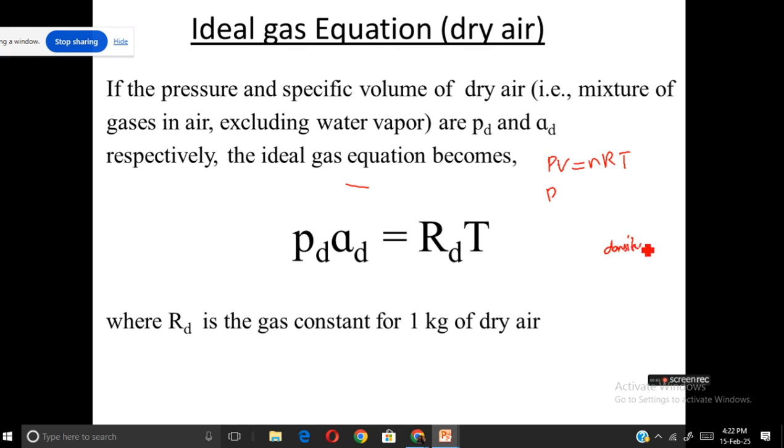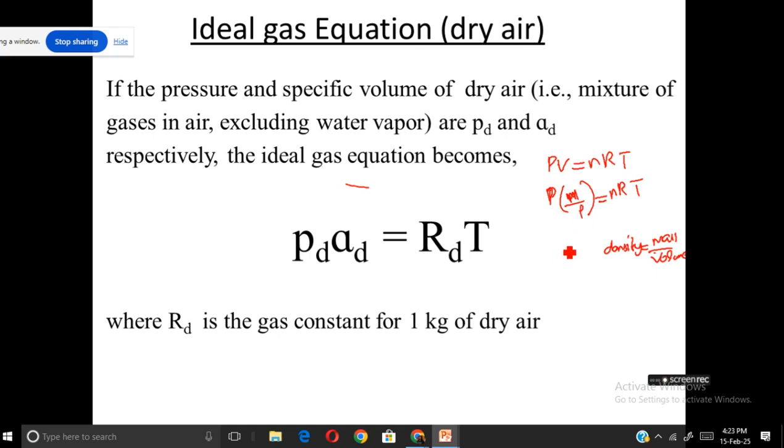Density is basically mass by volume, so the volume will be mass by density. So P into M by rho is equal to nRT.